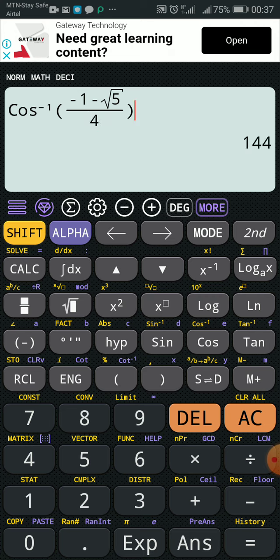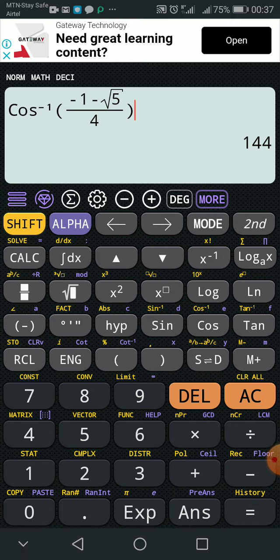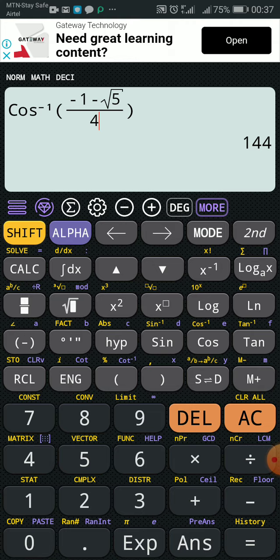You see, this is giving me 144. Am I right? Okay, and the other one is cos inverse of root 5 minus 1 all over 4. Let's see that. I can just quickly adjust it. Root 5 minus 1 means that here should be plus. Okay, but you can rewrite it. This is giving us 72, so that's not the answer.